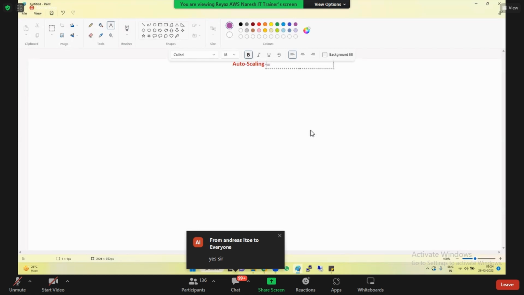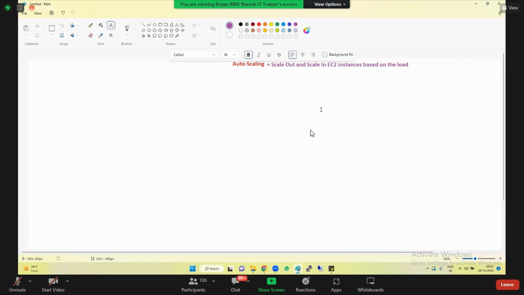So what do you mean by auto scaling, guys? Whenever someone asks about auto scaling, what do you say? Excellent. It's nothing but scale out and then scale in EC2 instances based on the load. Simple definition. Correct? That is called auto scaling.